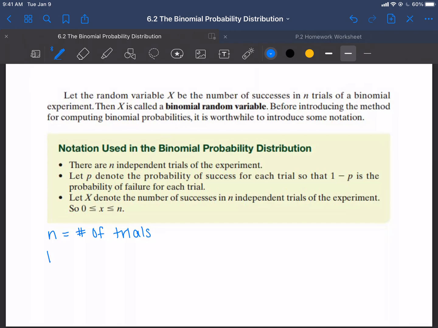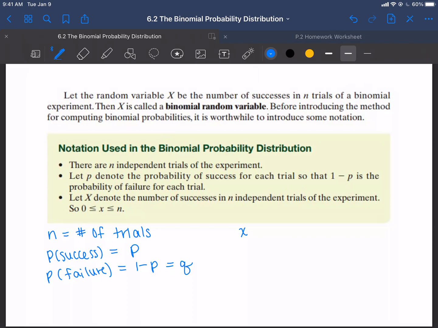The probability of success is represented by the letter P. The probability of failure would be 1 minus P, and I sometimes refer to that as Q. So if I happen to do that, Q is representing the probability of failure.